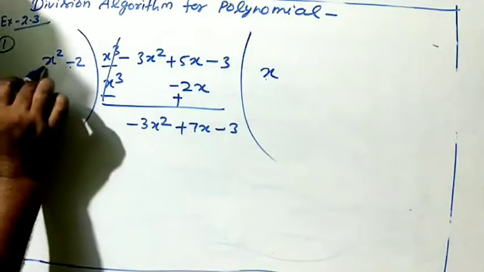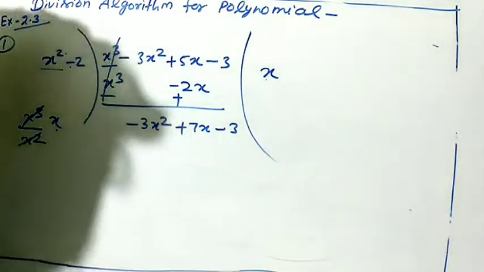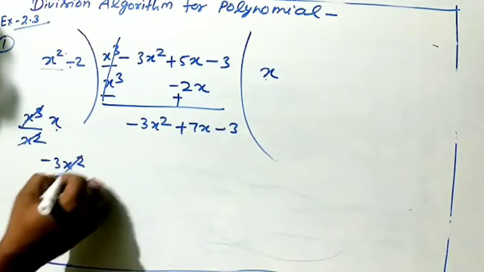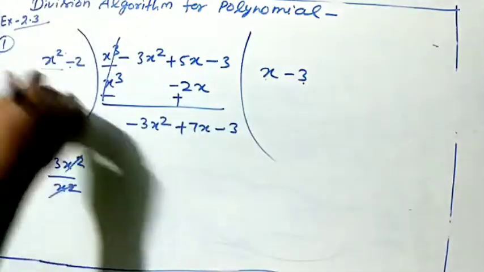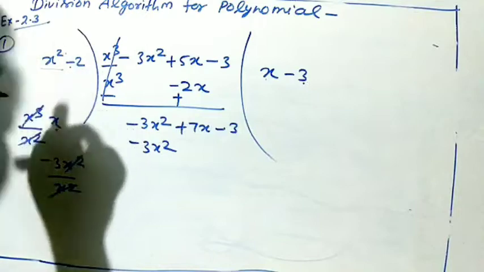Now, the divisor has the highest degree 2, and here also 2. So minus 3x square upon x square, x square cancels, so minus 3 will be the next term. Minus 3 multiplied by x square is minus 3x square, minus 3 multiplied by minus 2 is plus 6.